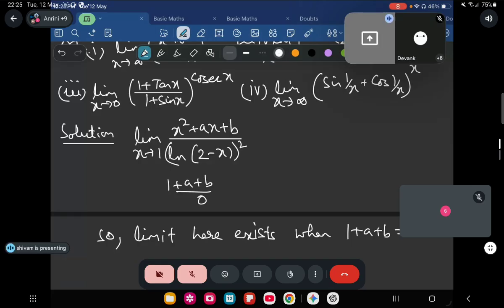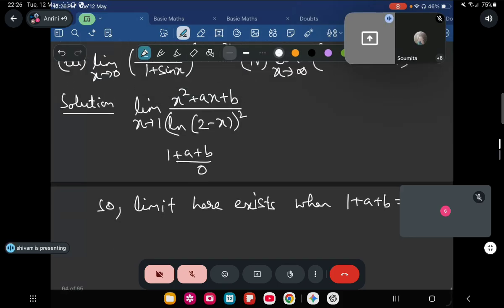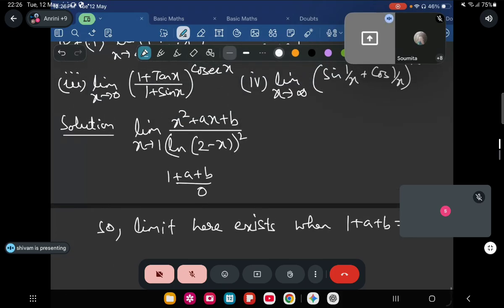Tell me, Aisha, Devank, Raktim, Ondeni, Shamita, Debatri, is it clear? Yes, sir. Okay. So over here, limit only exists when 1 plus a plus b is equal to 0.